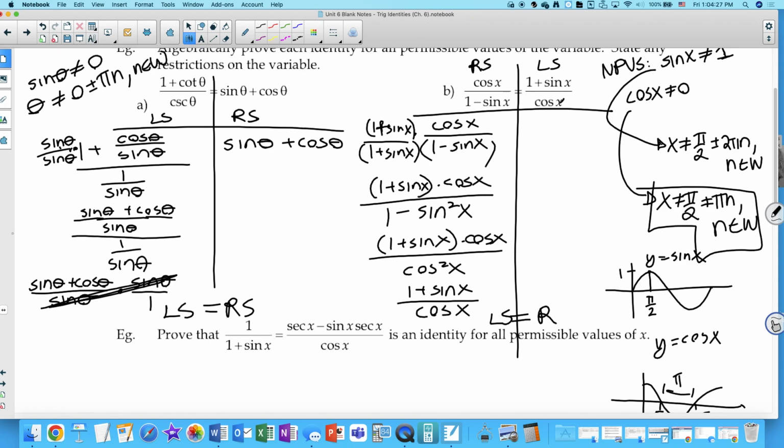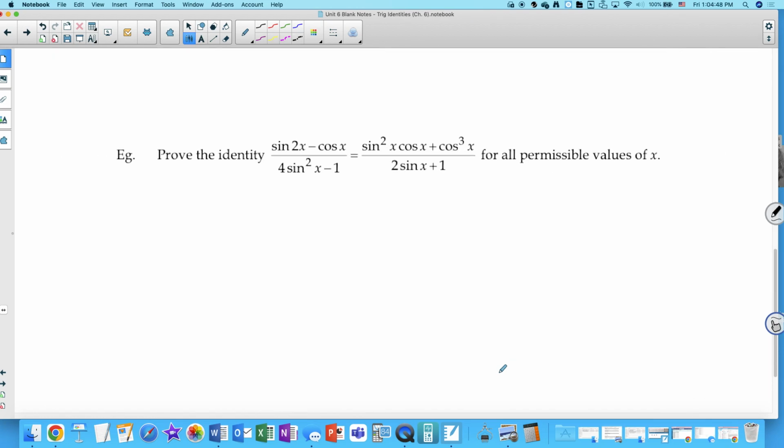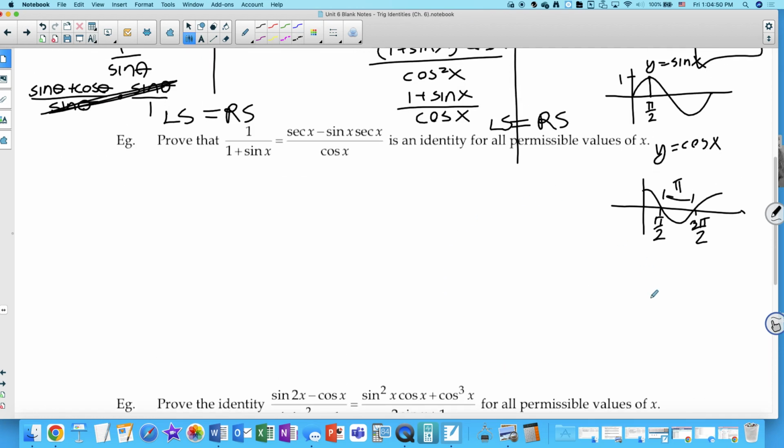Now, if we had done this the other way, by multiplying by the conjugate on this side, it would be a very, very similar process. Okay, 2 more questions, and then we're done for today.